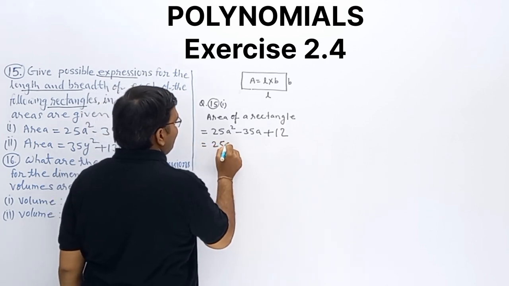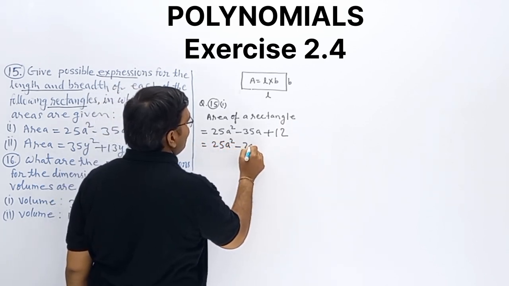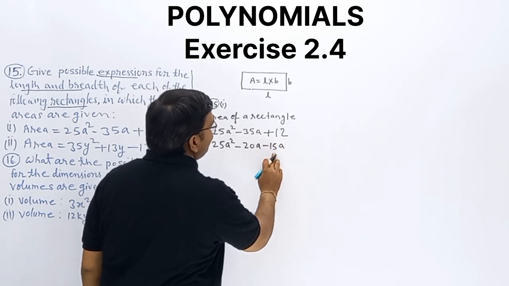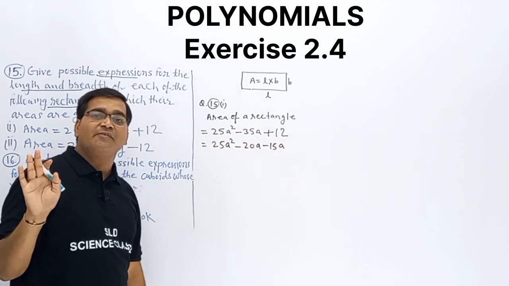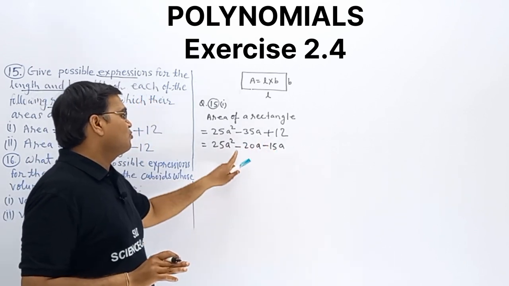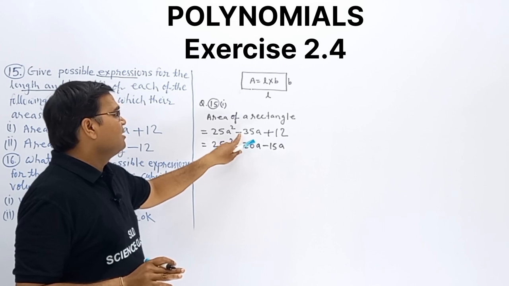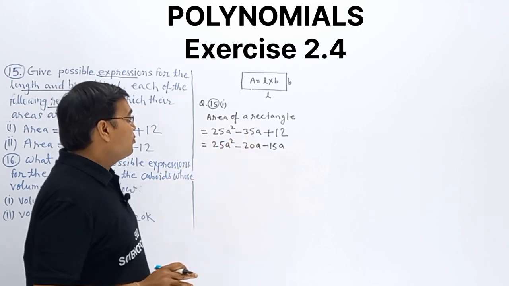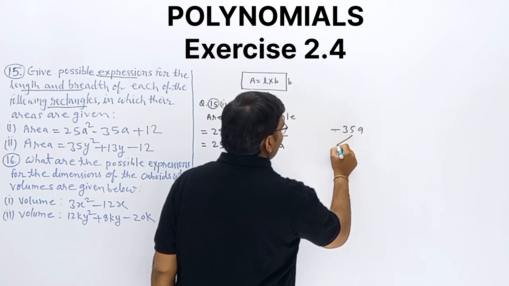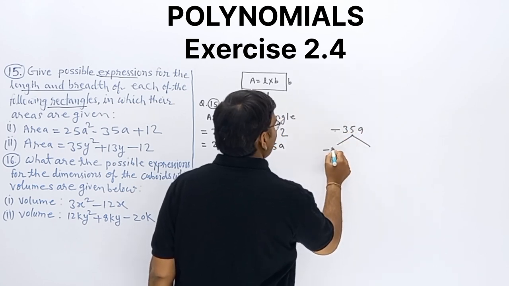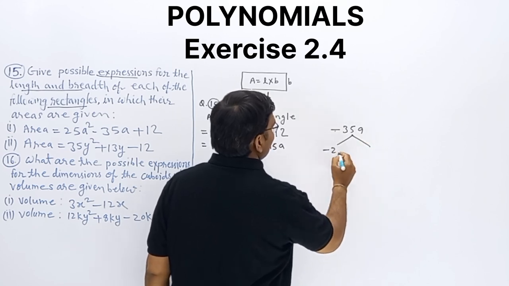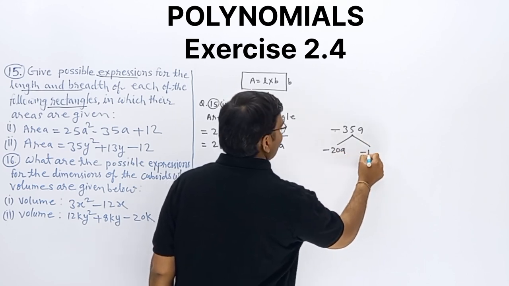So 25a square minus 20a minus 15a plus 12. Observe, minus 20a minus 15a is minus 35a, since 20 plus 15 is 35 and both are negative. Now the product of both parts: minus times minus is plus, and 20 into 15 is 300a square. We are splitting the middle term into two parts, minus 20a and minus 15a.